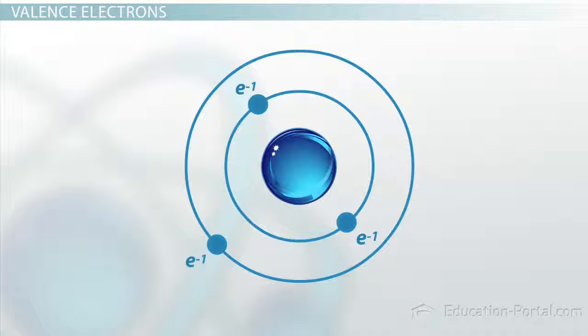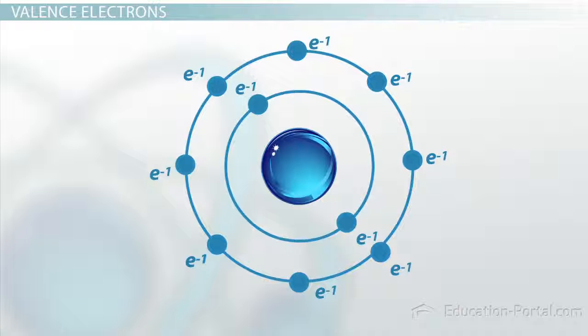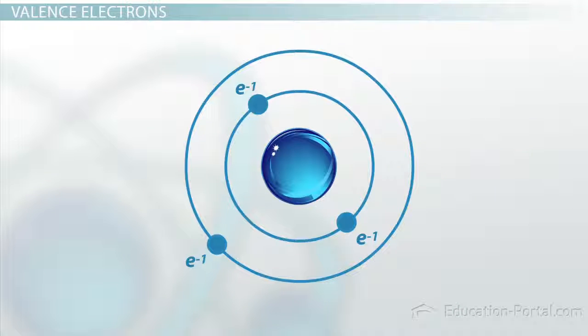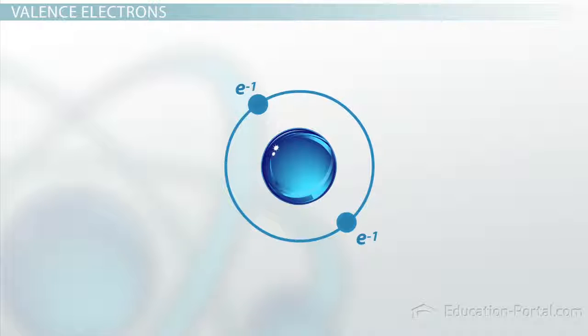So if I added another electron, that's not going to help me because at the second energy level, I want to have 8 electrons. So I would need to add 7 other electrons to fill this valence level. But I could also just remove this electron and end up with 2 electrons in this 1s level here. And that then would be more stable because this second electron level has been emptied.